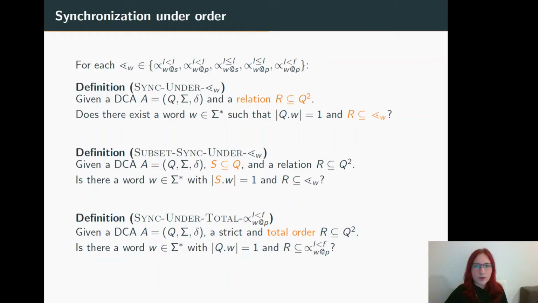So far, we have not restricted the input relation in any way. We just allowed any binary relation, but we will also consider a special case where we demand that the input relation is a strict and total order on the set of states.